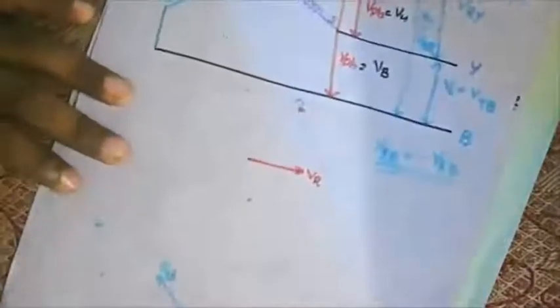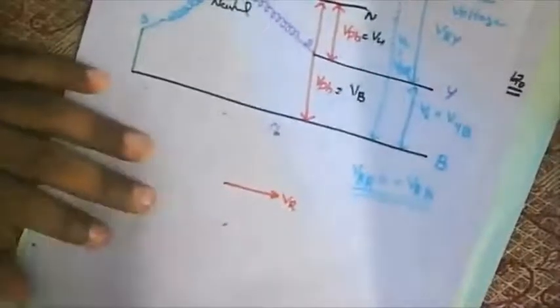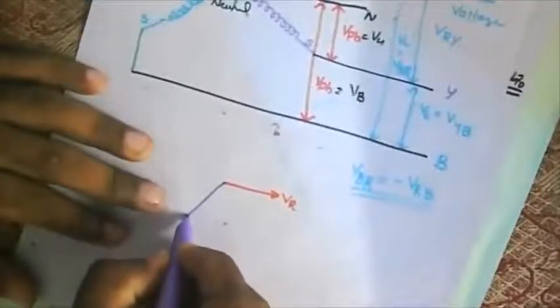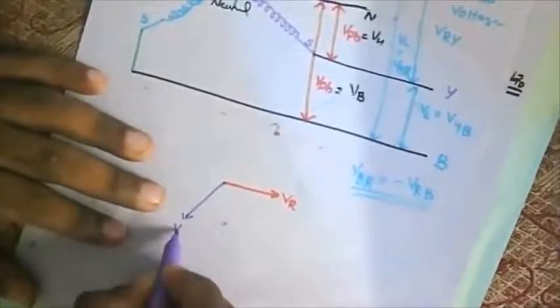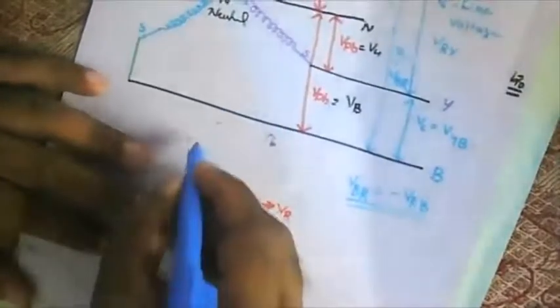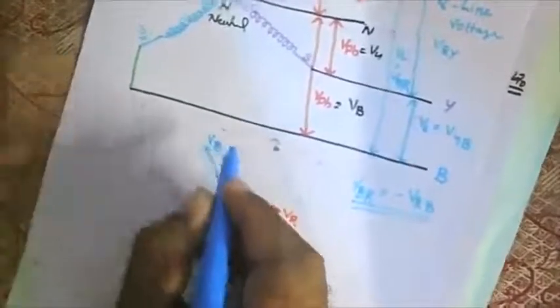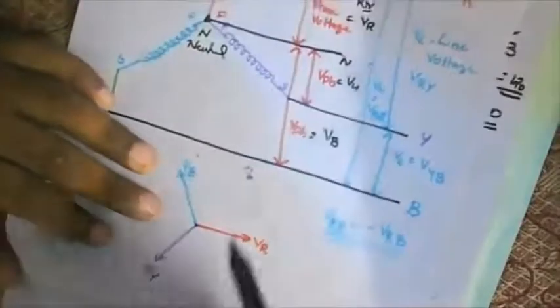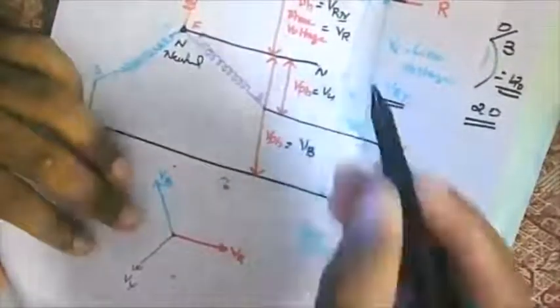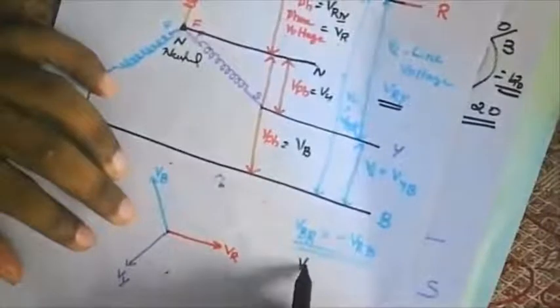I have shown you how to represent these waveforms in the previous case. VR, VY, VB. Instead of E, I'm going to write V. That's the difference. Now, what is the first one? First one is VRY. So what is VRY?